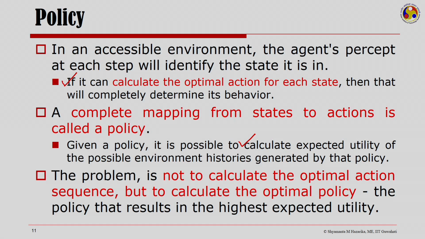What I am more interested in, in sequential decision problems, is to calculate the optimal policy, the policy that results in the highest expected utility. So, instead of looking at the complete sequence of actions as a long action itself and trying to commit to that sequence a priori, we rather look at a mapping from states to actions, and we are interested in finding out such a policy.